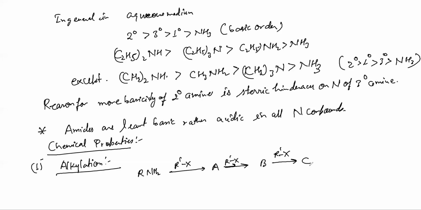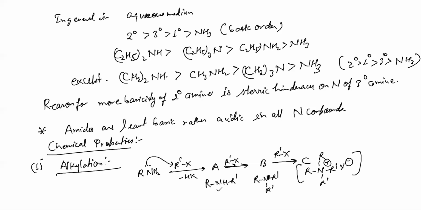What will be A? Nitrogen lone pair will attack here, and HX will be subtracted from here. So it will be NHRR'. B will be RNR'R'. C will be RNR'R'R' plus X minus. Means it is 2 degree amine, 3 degree amine, and 4 degree. Please note this.